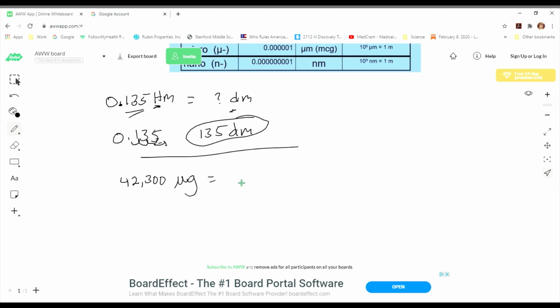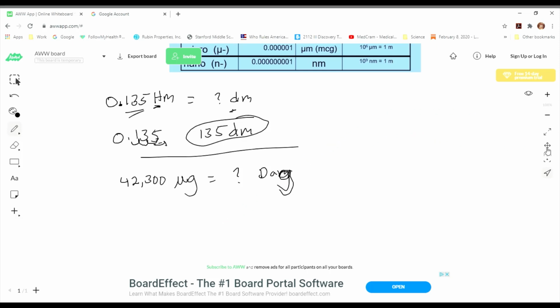The question is, how many decagrams? Grams, decagrams. It's a G. So how many decagrams?